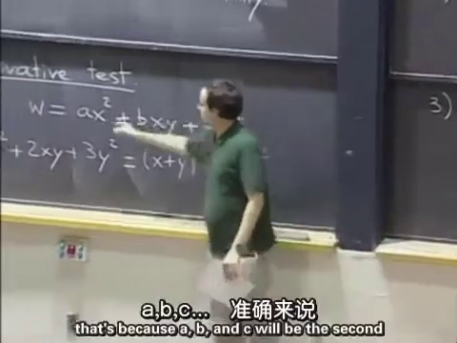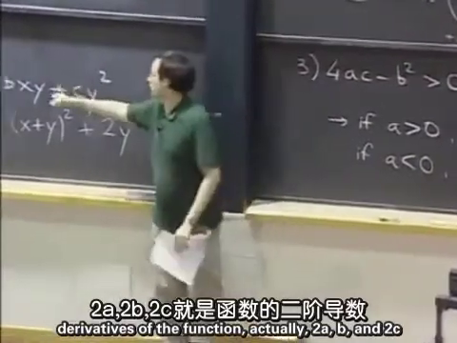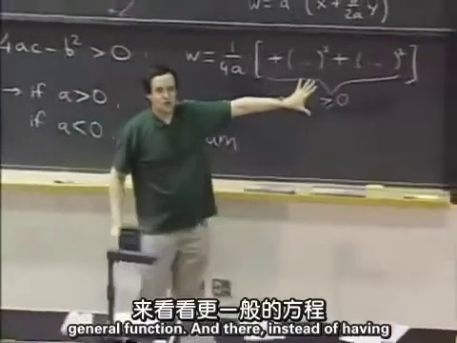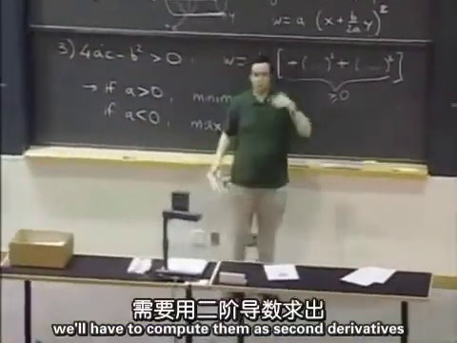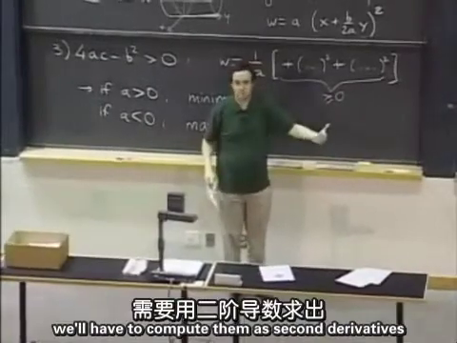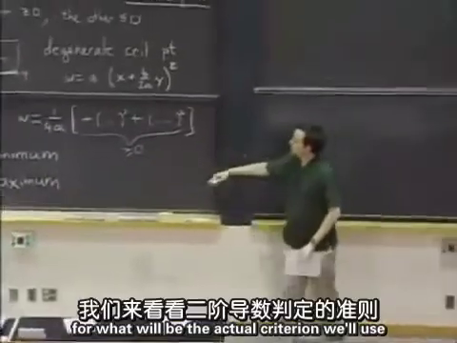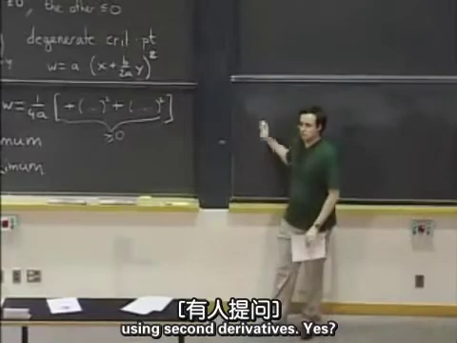But secretly, a, b, and c will be the second derivatives of the function, actually 2a, b, and 2c. So now we're going to go to a general function, and there, instead of having these coefficients a, b, and c given to us, we'll have to compute them as second derivatives. So here I'm basically setting the stage for the actual criterion we'll use with second derivatives.